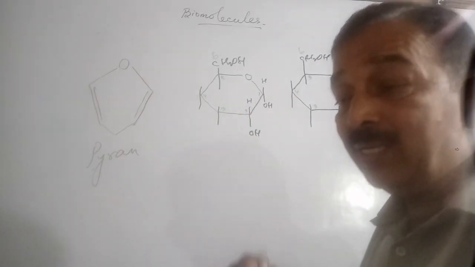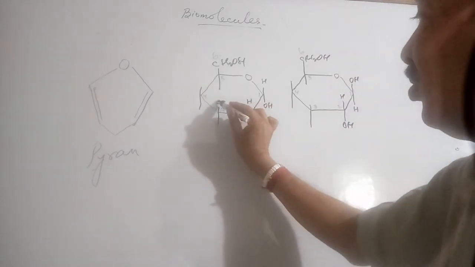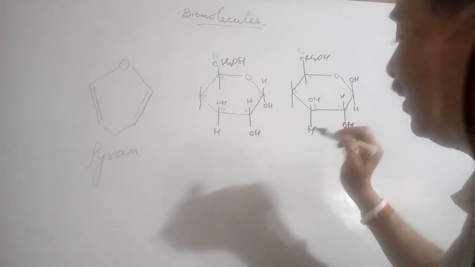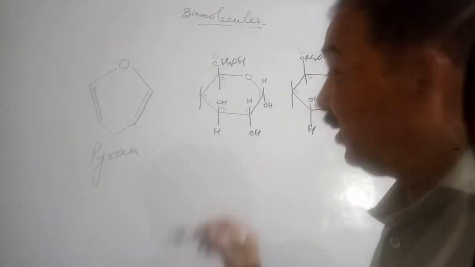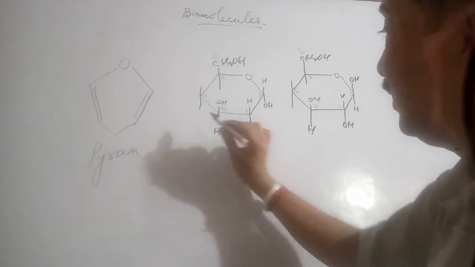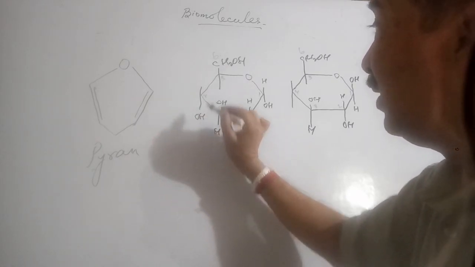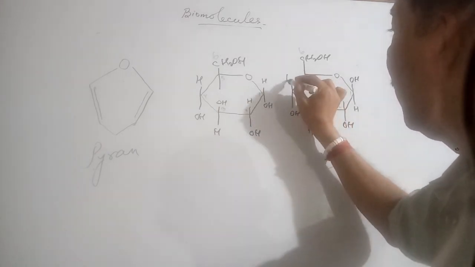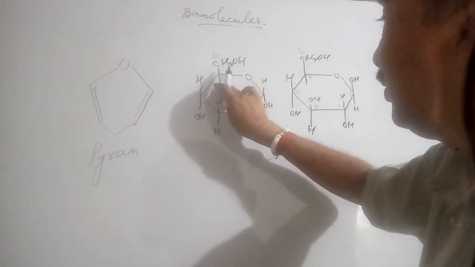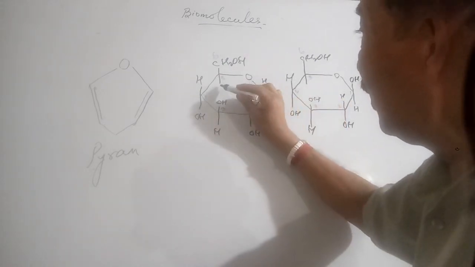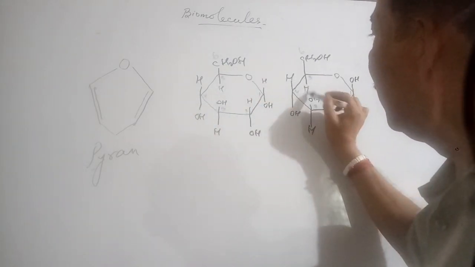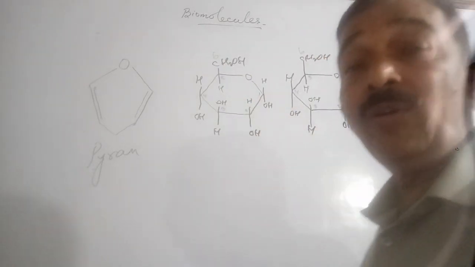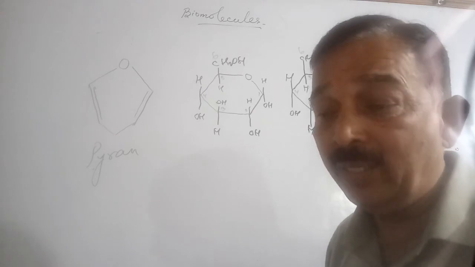At the third carbon it is just reversed, so OH, H, OH, H. Next, OH will be down as in the second carbon. OH, H, OH, H, and here is the hydrogen atom, made a bit smaller. The rest are the same; the only difference is the configuration at carbon number 1.